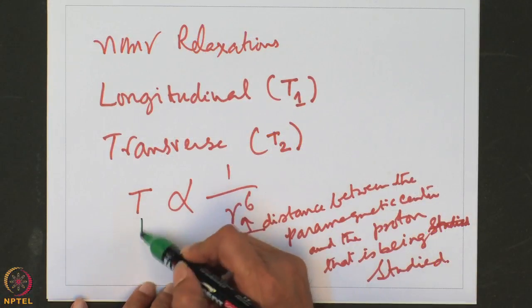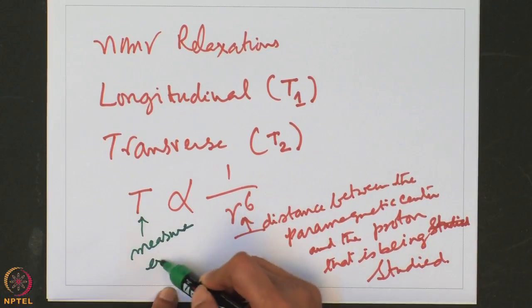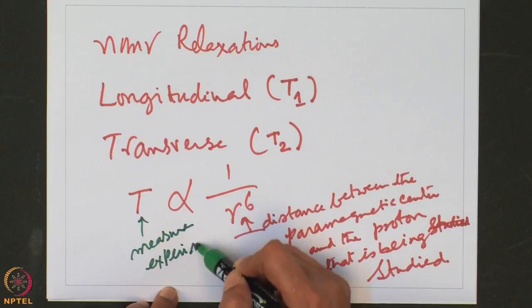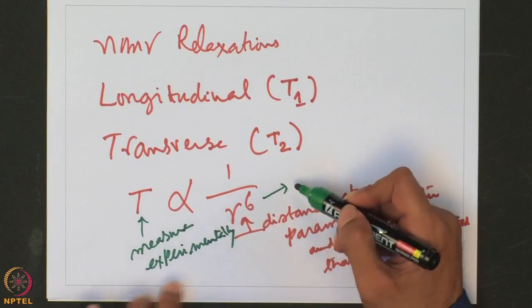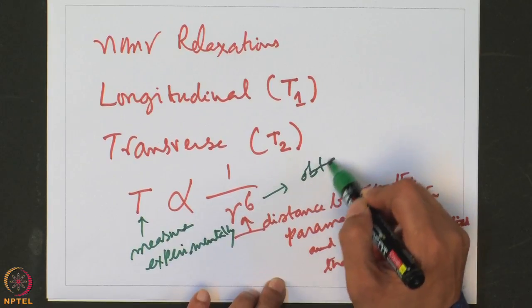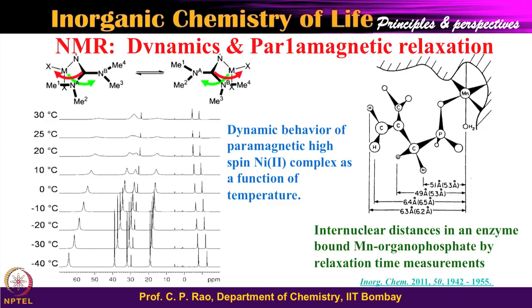So this you can measure experimentally, and this you can obtain. Okay. So therefore if you measure the relaxation times of this protein in presence of this manganese and this one, then you can get how this is oriented.